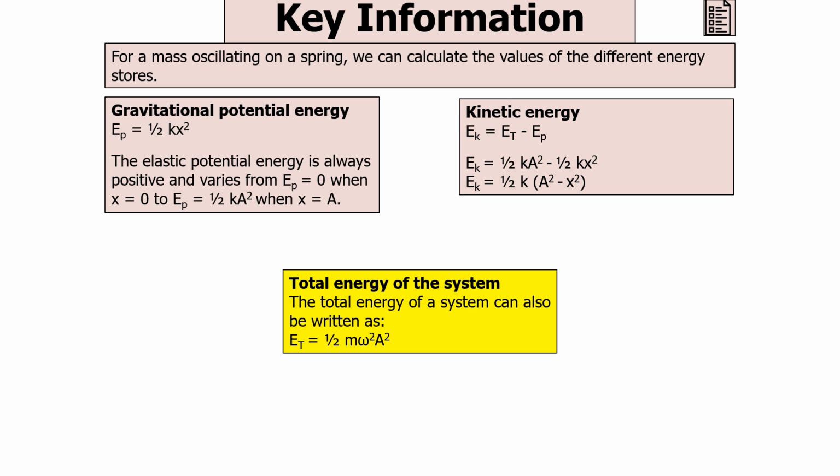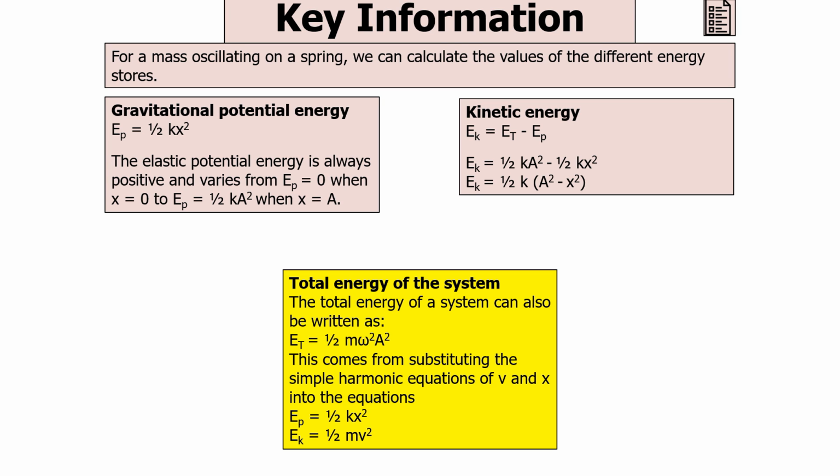Now finally, the total energy of a system can also be written as 1/2 times the mass times the angular velocity squared times the amplitude squared. Now we know that this comes from the substitutions of the simple harmonic motion equations for v and x into the equations: potential energy is equal to 1/2 kx squared and kinetic energy is equal to 1/2 mv squared.